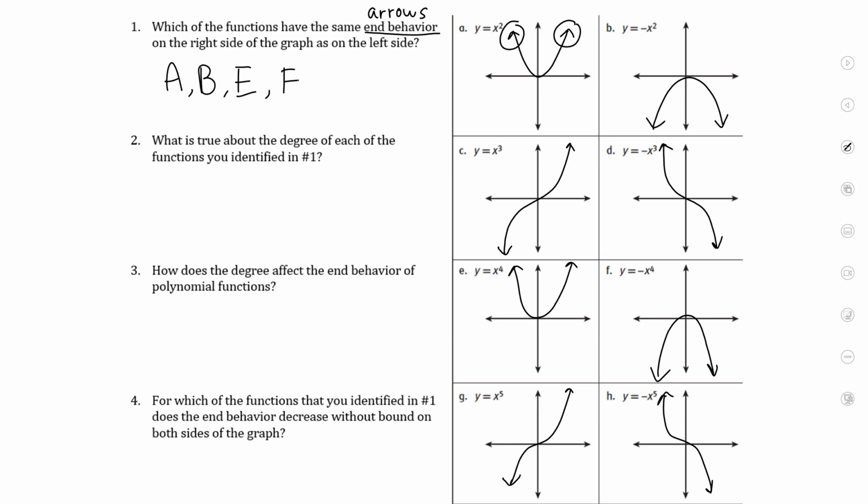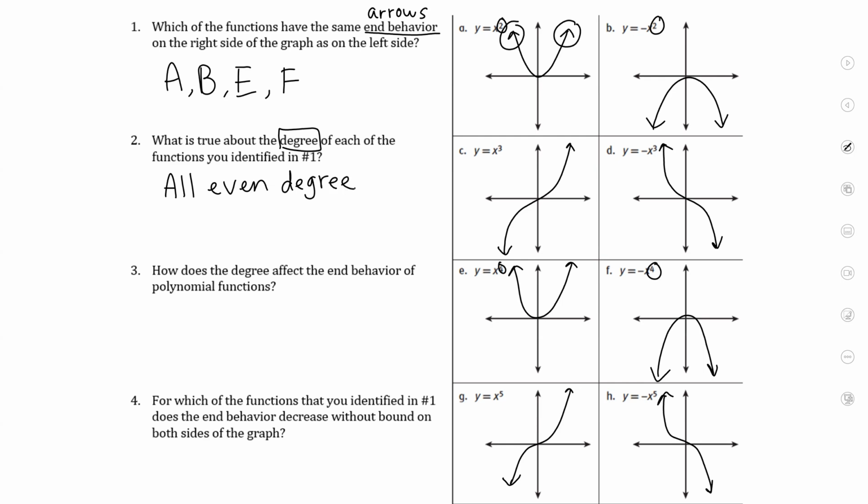Okay, so guys, what do you notice about the degree? When I say degree, we're looking at these exponents here. What do you notice about the degrees? They're all even, okay? So they are all even degrees. So guys, what can you deduce from this?